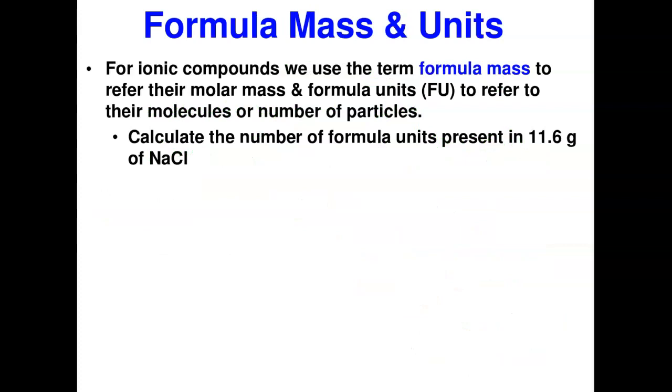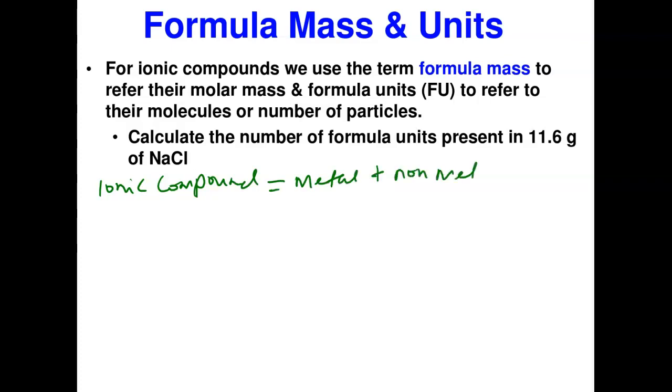So now let's talk a little bit about formula mass and unit. In chapter 4, we're going to be talking about nomenclature and the main difference between ionic and covalent compounds. But it's important here we understand this: ionic compounds must contain a metal plus a non-metal.